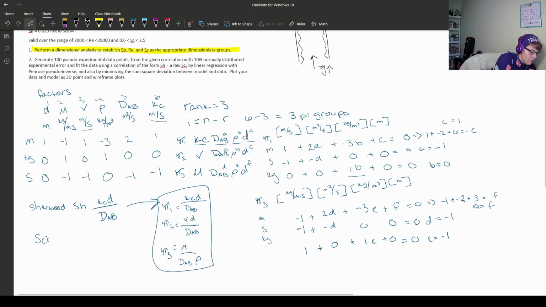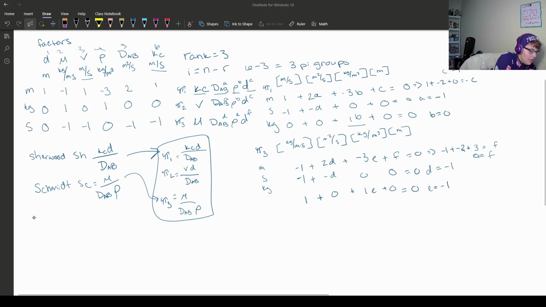Our Schmidt number is equal to the viscosity over the diffusion coefficient times density, which is this number. And then our Reynolds number is actually equal to the velocity times the diameter times density over the viscosity.